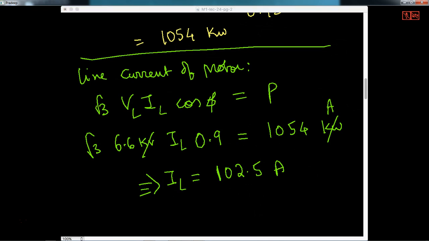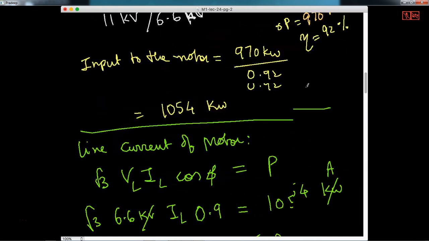Basically, 102.5 amperes is the line current of the motor. Let me once again check the calculations. 970 kilowatts.